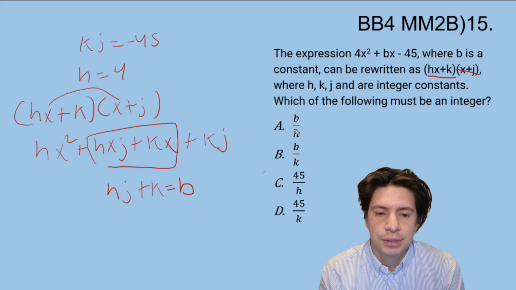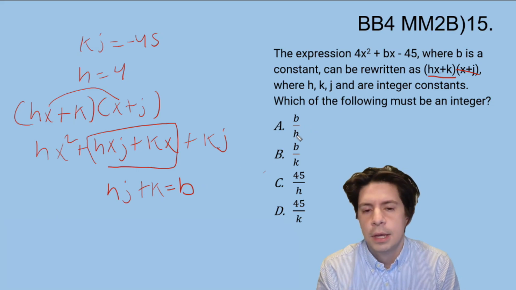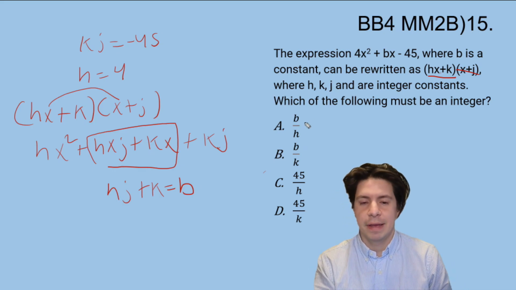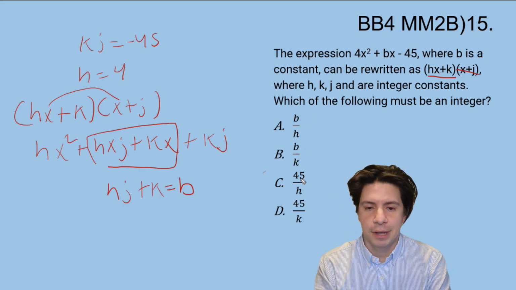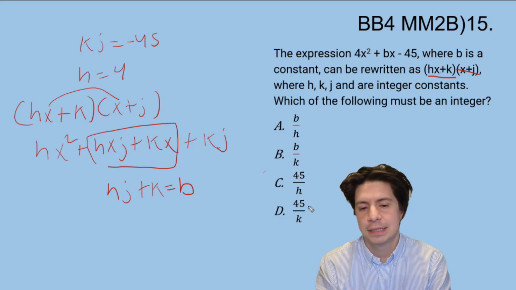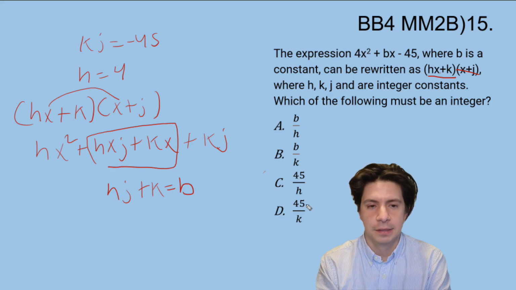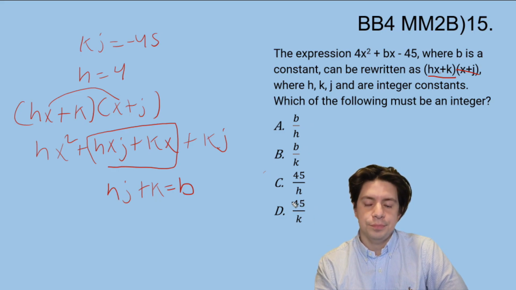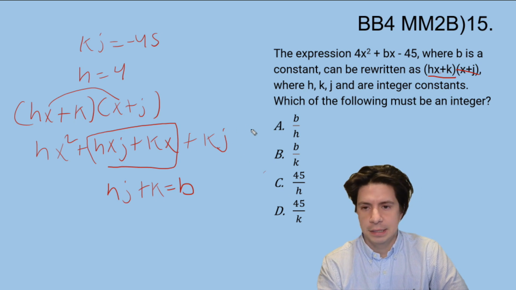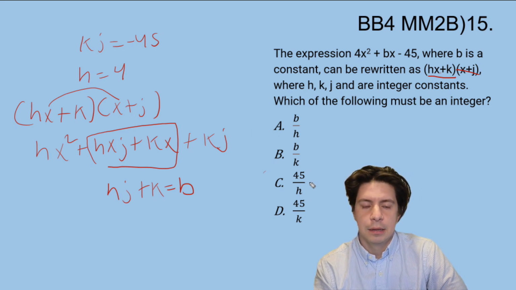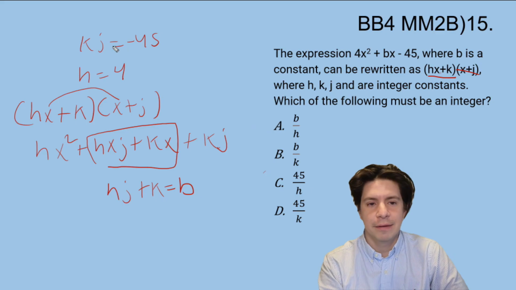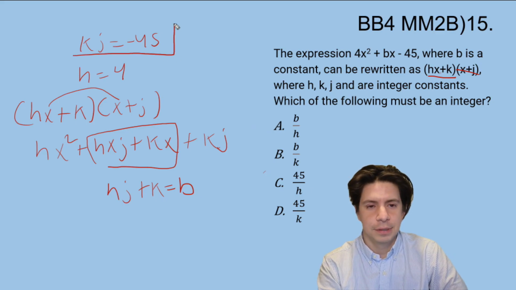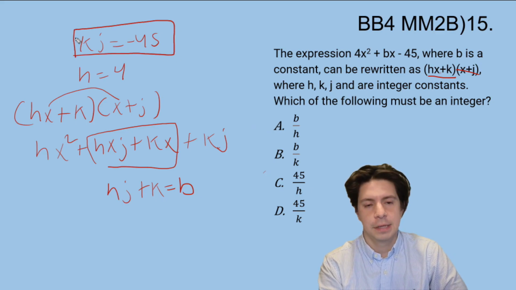Okay, so now let's think about the relationship between b and h. Do they need to be divisible by each other? Okay, so let's look at our answer choices. We have A is b over h, B is b over k, C is 45 over h, and D is 45 over k. So we have that these two multiply to negative 45, right?